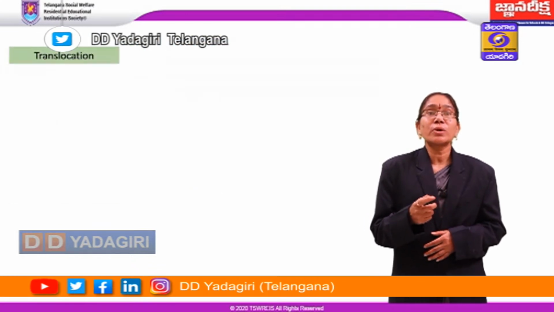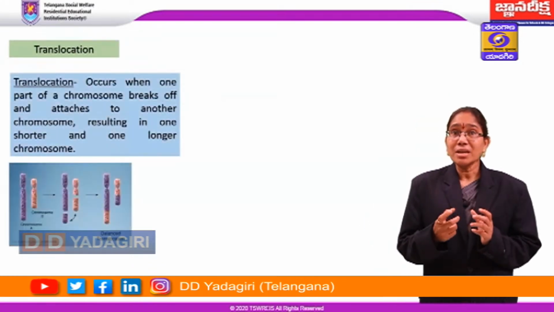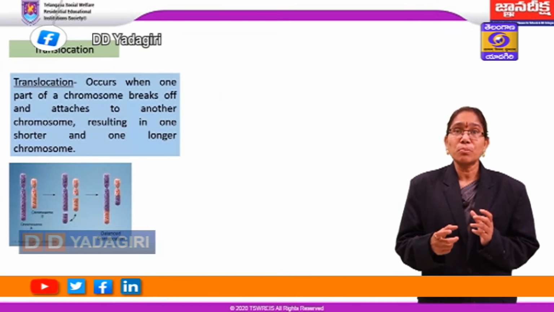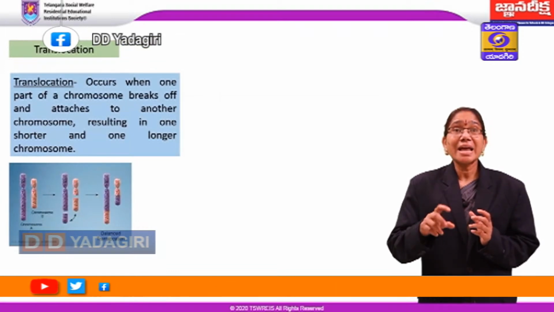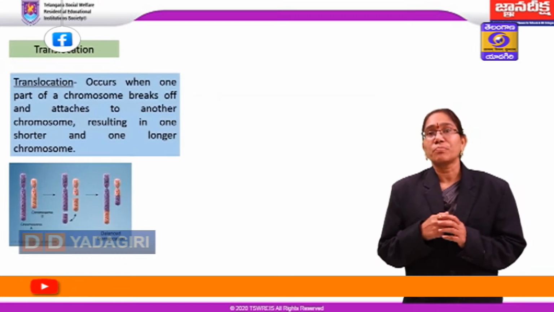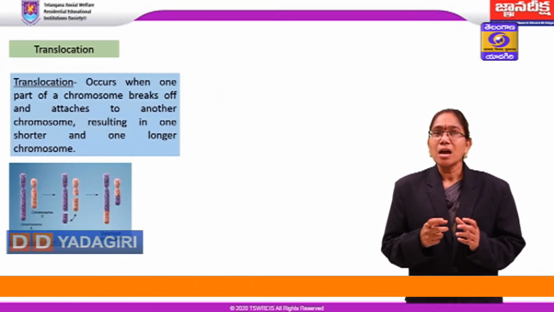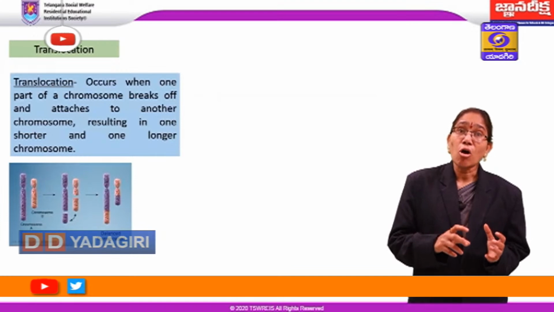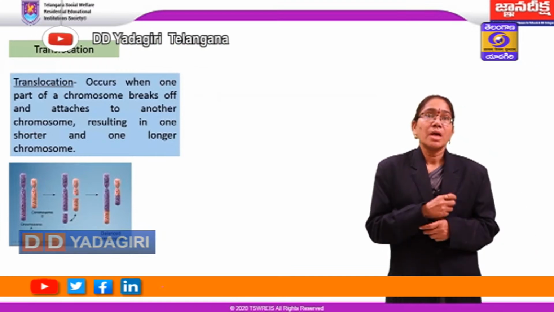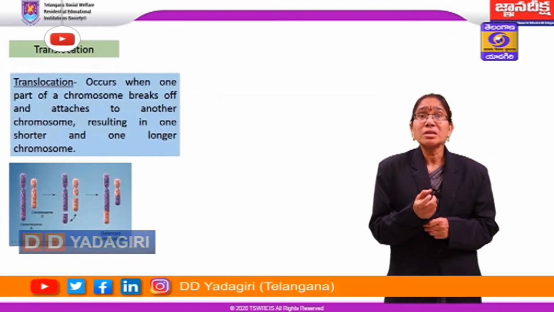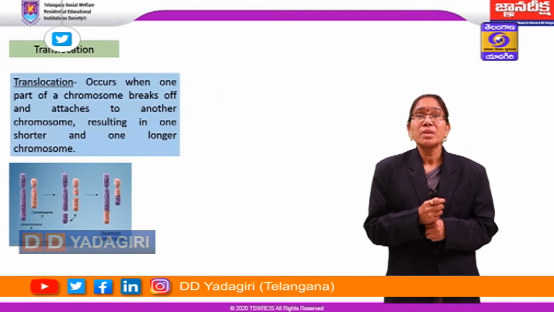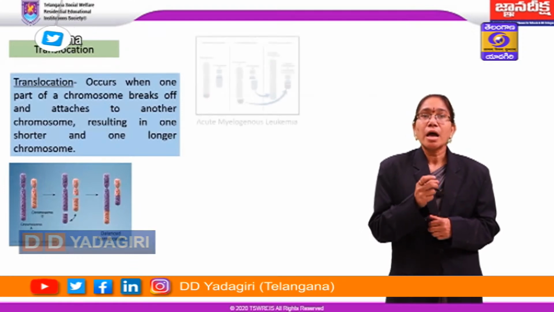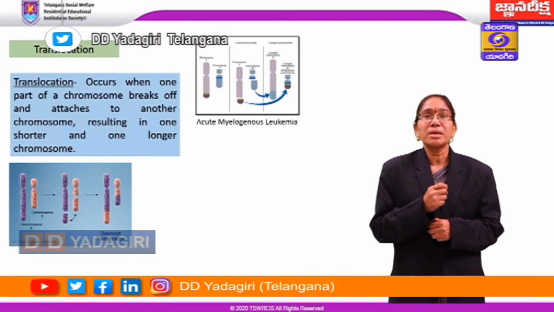Next, translocation occurs when one part of a chromosome breaks off and attaches to another chromosome, resulting in one shorter and one longer chromosome. An abnormal chromosome called the Philadelphia chromosome is associated with leukemia.